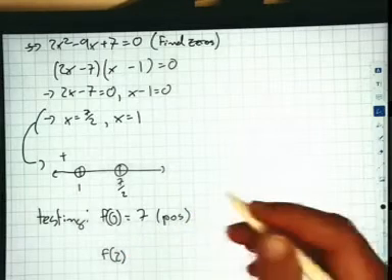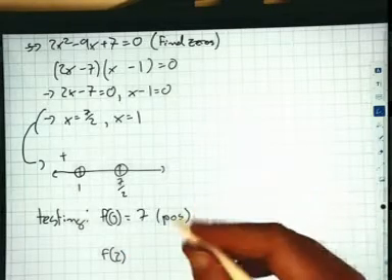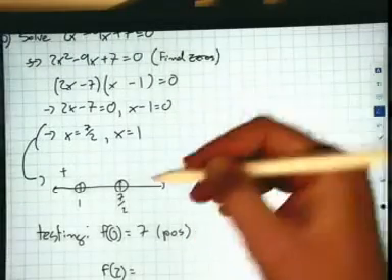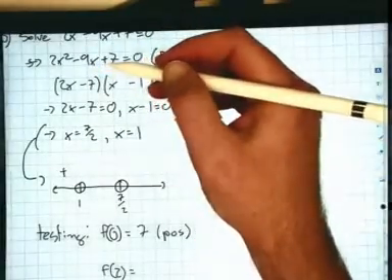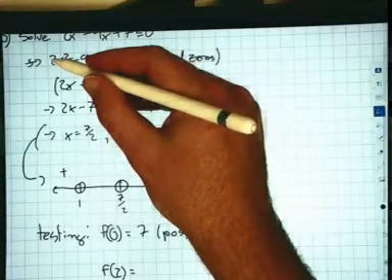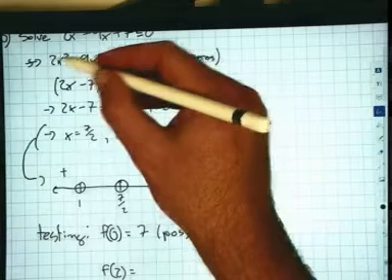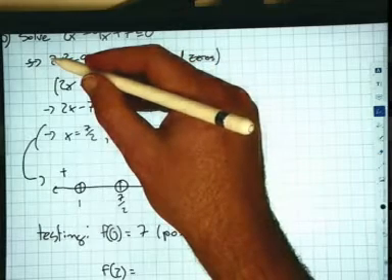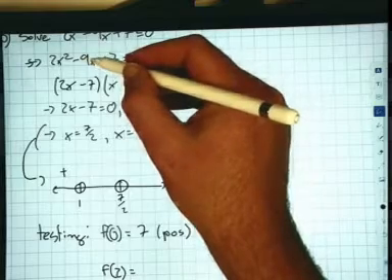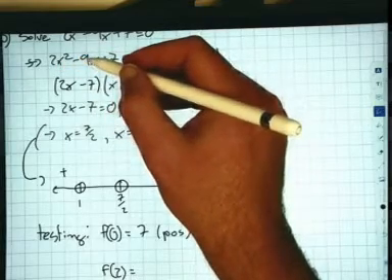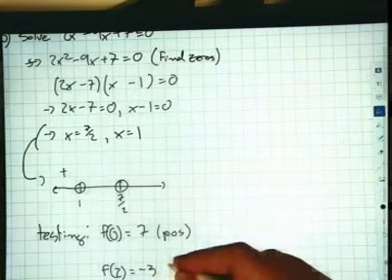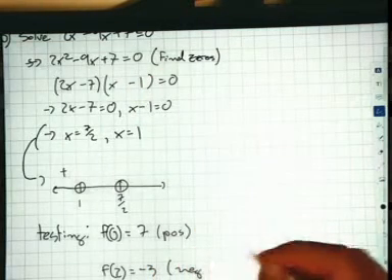F at 2, that would be a good thing to pick. So, let's see. 2 squared is 4, times 2 is 8. Then negative 9 times 2 is a negative 18. So 8 minus 18 is a negative 10, plus 7, that's a negative 3, which is negative.